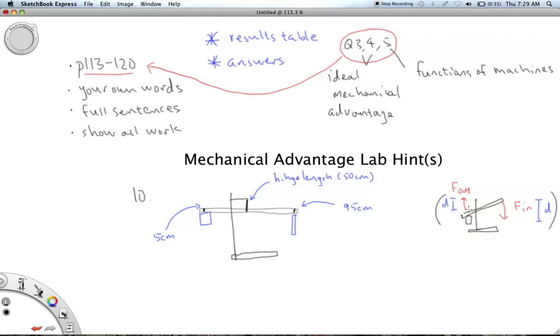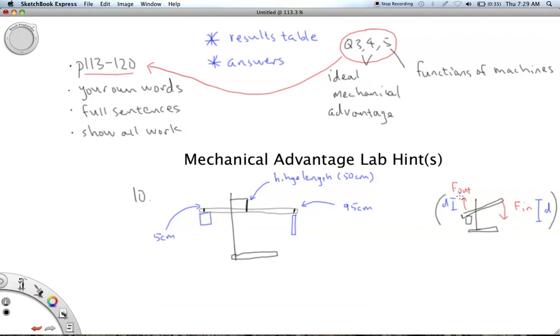And the resulting or load force, the distance it went up from down here until up here when it was parallel, that is the distance moved by the output force. Okay, sorry, this is the distance moved by the input force. This is the distance moved by the output force.